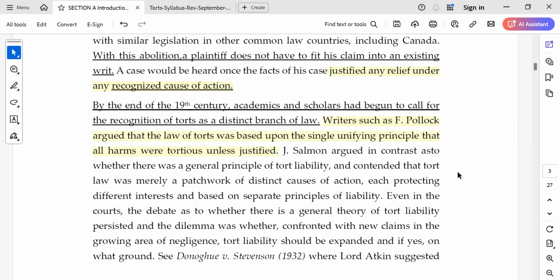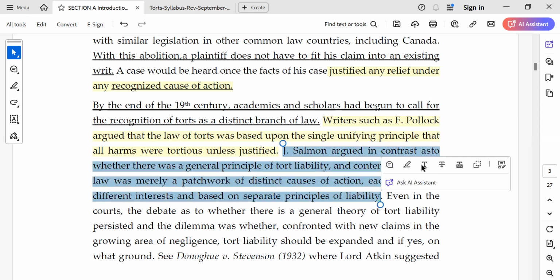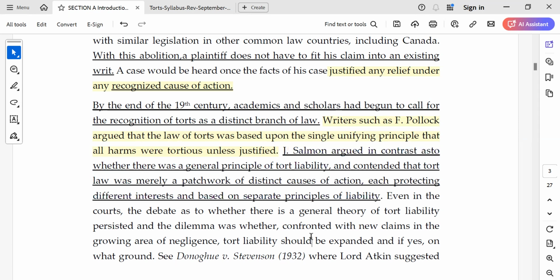So in this paragraph you see different scholars and academics and their own views. According to him, it's not a separate branch. It's a patchwork of distinct causes of action, like everything mixed together and put in one place. It does not have a general principle of tort liability. I don't see it.